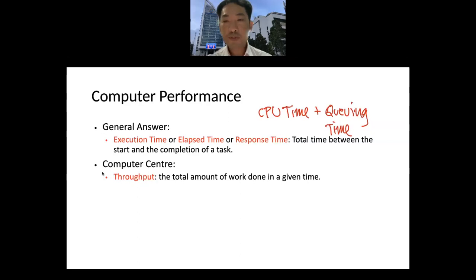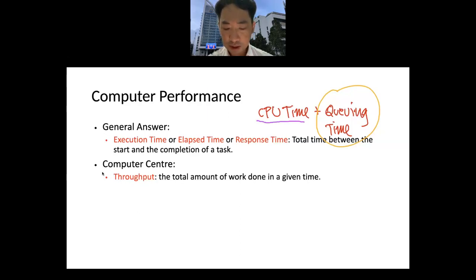Because most computers have to process many jobs, and if there are many jobs in the queue, some jobs may have to wait, and most of the time spent on the execution time will be on this part. But for simplicity, in the very beginning here, we are considering only the CPU time.